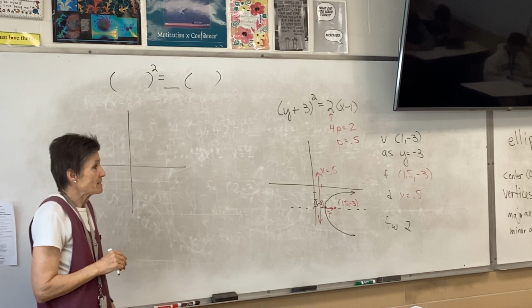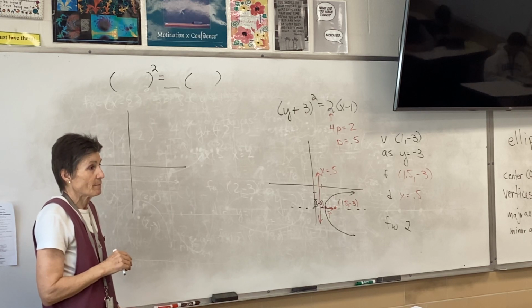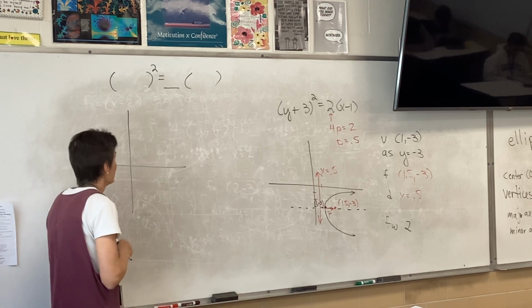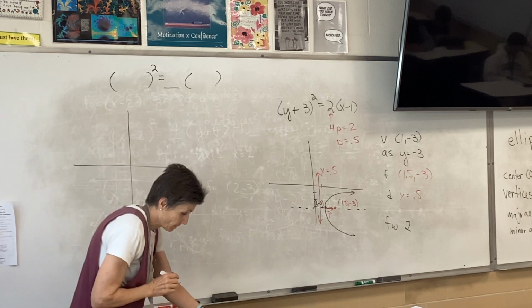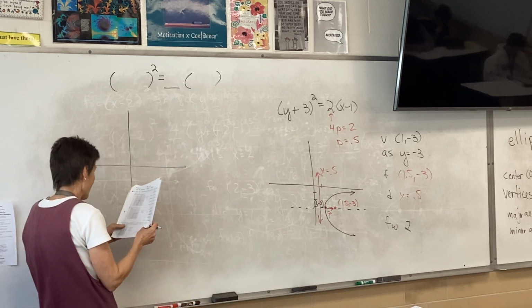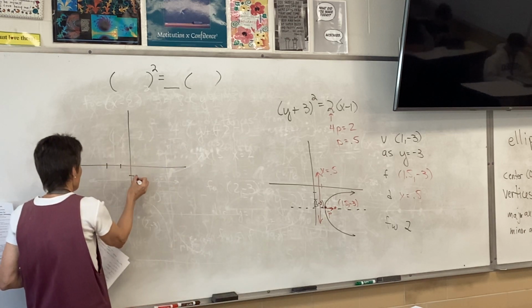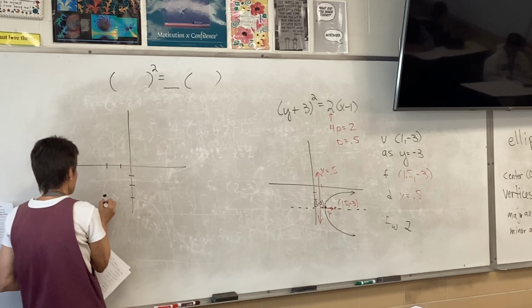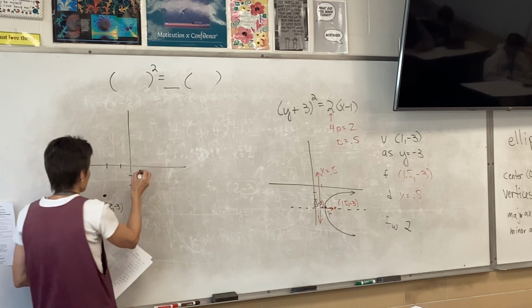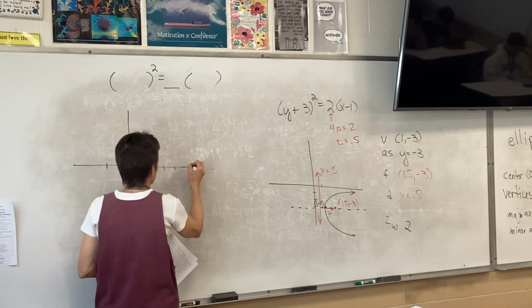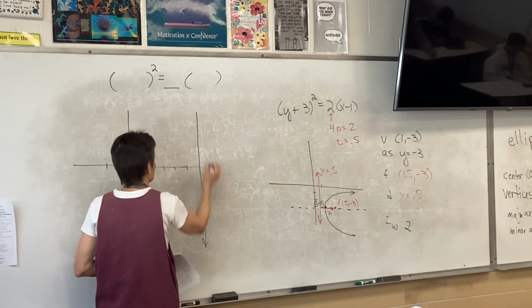But we got to keep all these different kinds of equations straight. What do I know? I know my parabola has a focus at negative 2, negative 3. That's the focus. And the directrix at 1, 2, 3, 4, 5, 6.